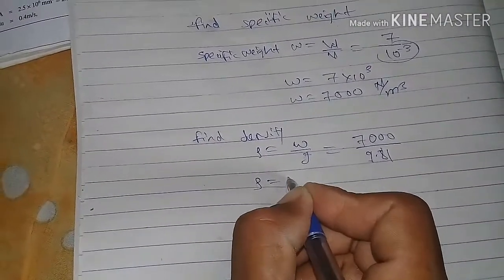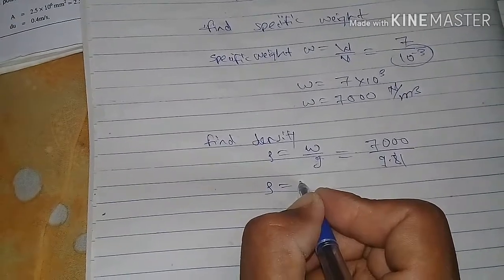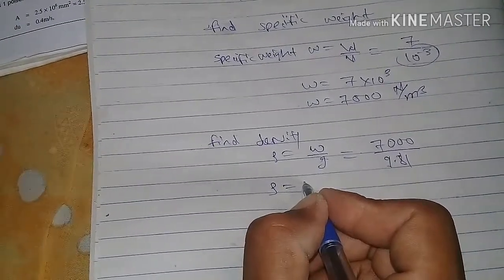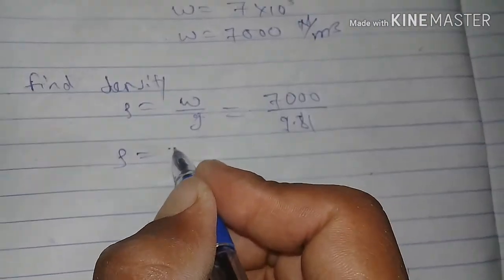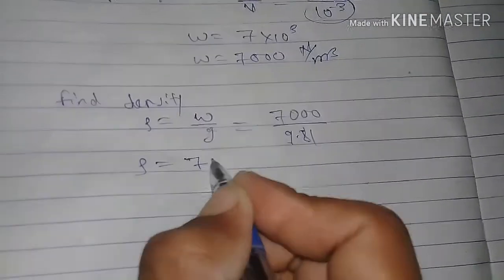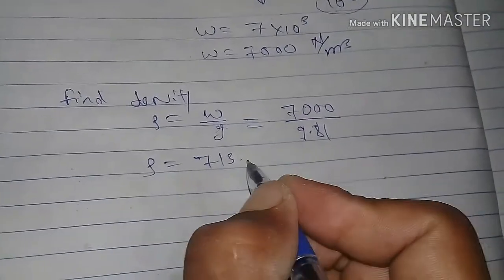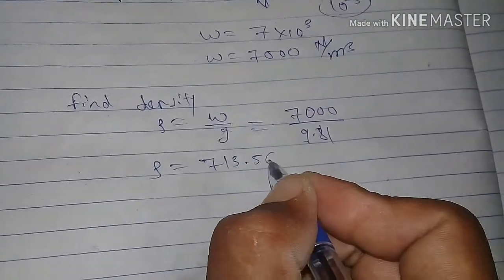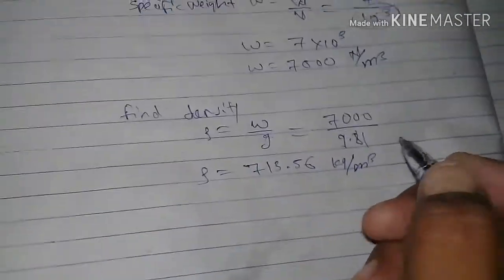Density is equal to 7000 divided by 9.81, which is equal to 730.56 kg per meter cube.